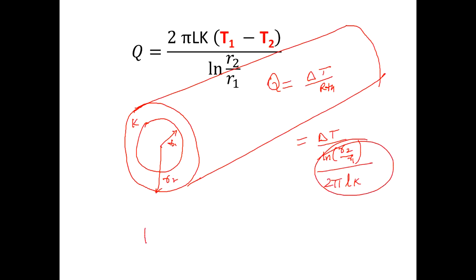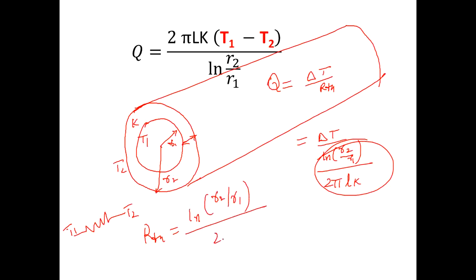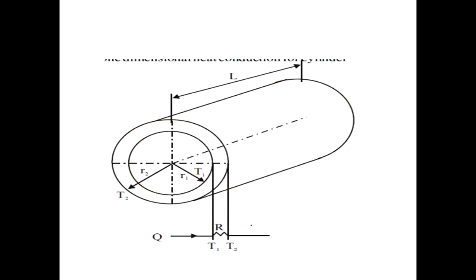Therefore the thermal resistance due to conduction at this point, with T1 and T2, is R equal to ln of R2 by R1 divided by 2 pi L K. This is the actual pipe thermal conduction.